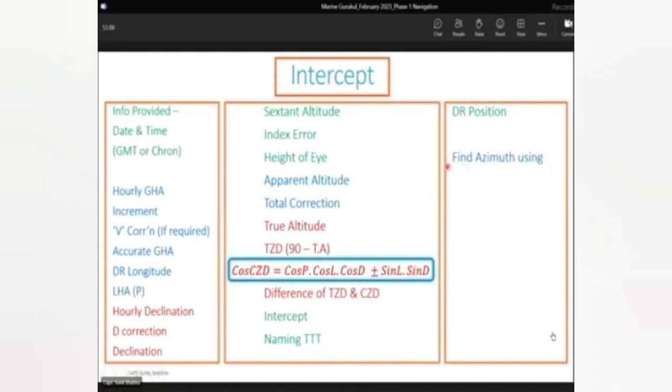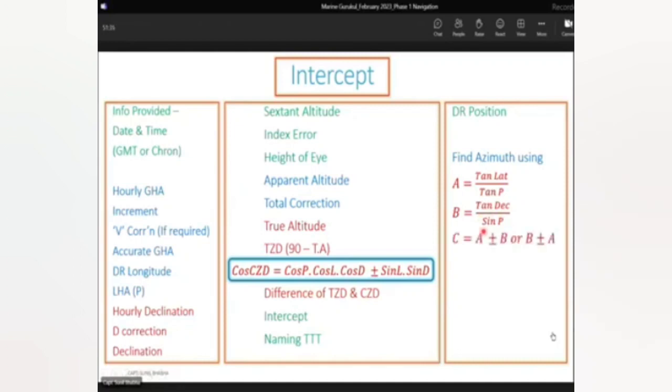Azimuth is found using the same ABC method. A is equal to tangent latitude upon tangent P, named opposite to latitude if P is less than 90, and named same as latitude if P is greater than 90. Then B is equal to tangent declination upon sine of P, named same as declination.